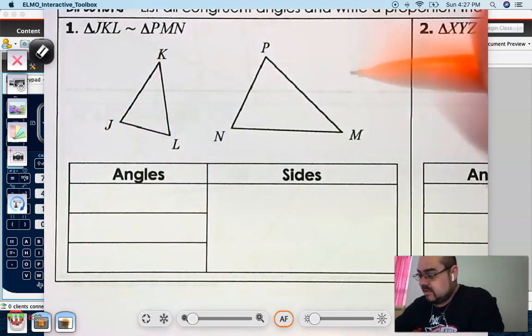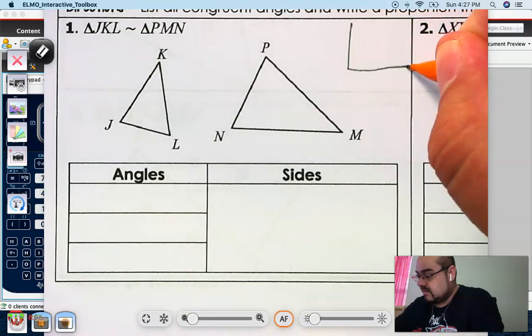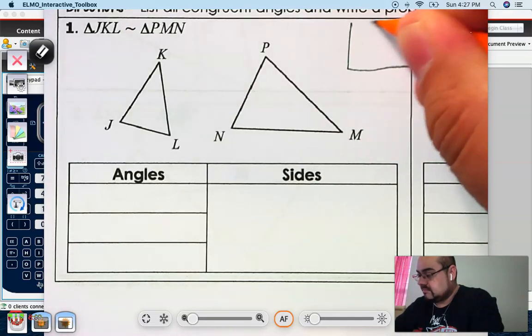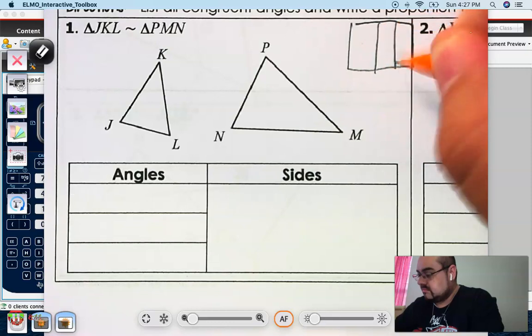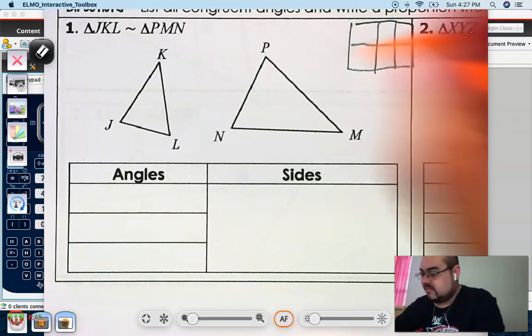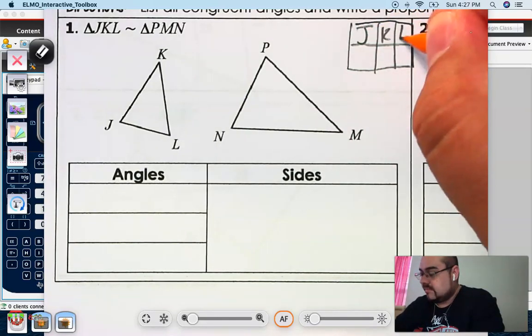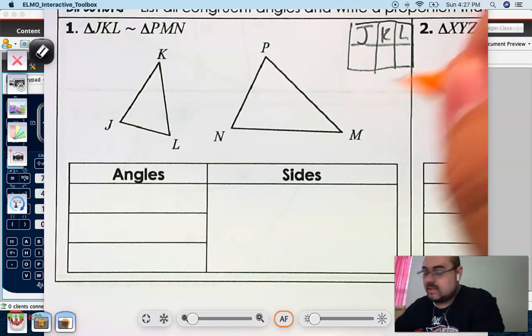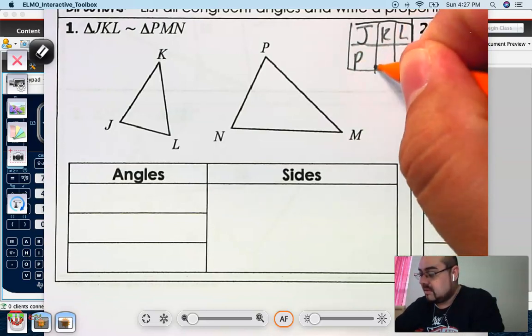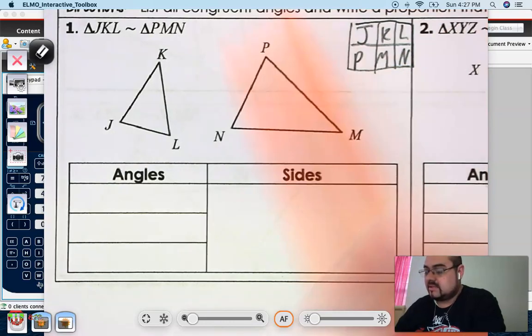And actually, I'm going to go ahead and bring back the little grid that we've used before. That way, it can help me kind of organize my thoughts. JKL, and then PMN. Okay, that's going to help me organize my thoughts.